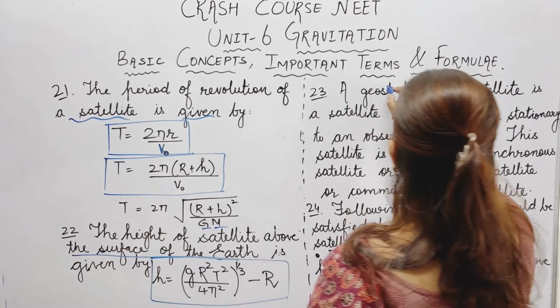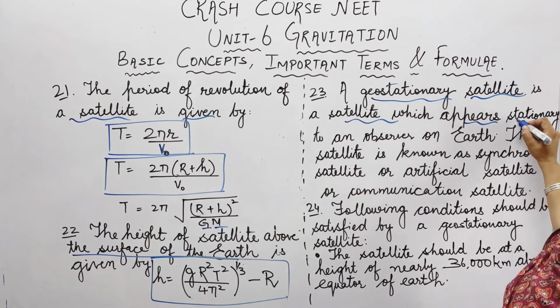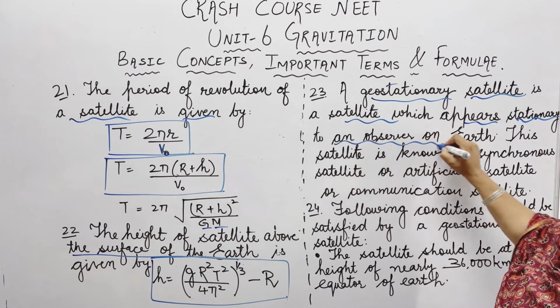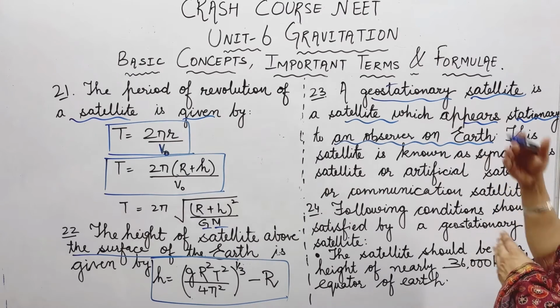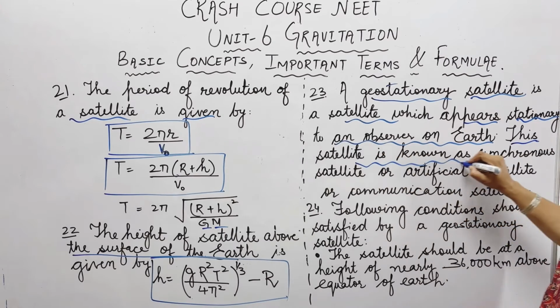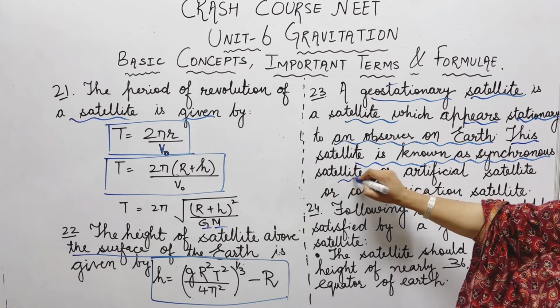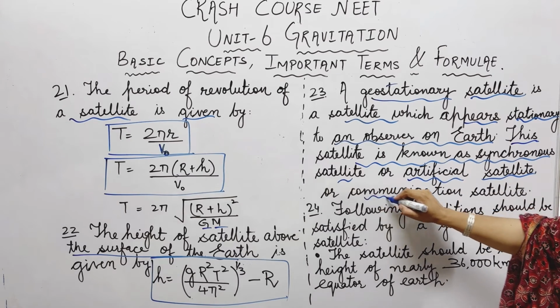A geostationary satellite is a satellite which appears stationary to an observer on earth, because its time of revolution is the same as that of earth, so it appears that the satellite is stationary. This satellite is also known as synchronous satellite or artificial satellite, and it is used for communications.